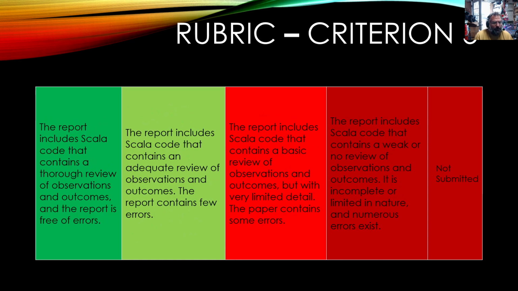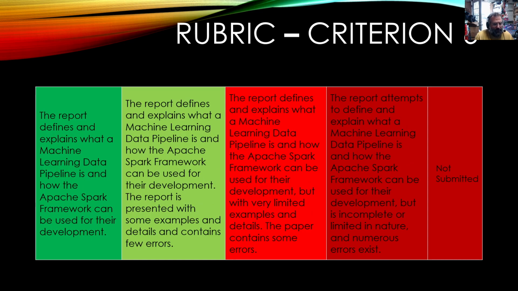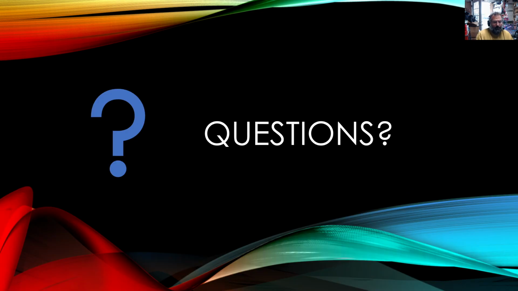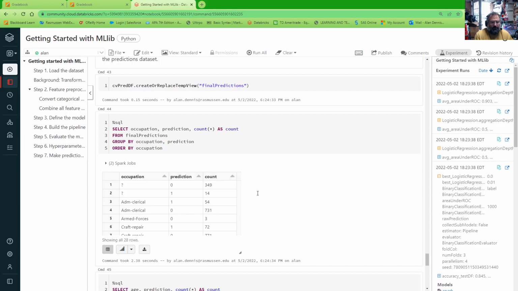And then the report includes some code that talks about review of observations and outcomes, and the report is free of errors. And the report defines what a machine learning data pipeline is and how it works inside of Spark, and in particular Spark ML.